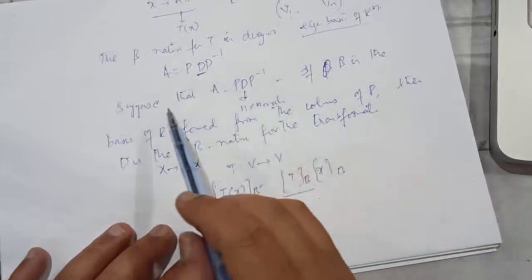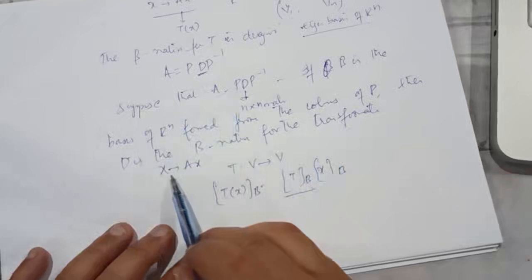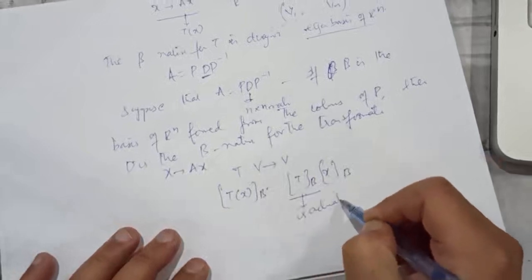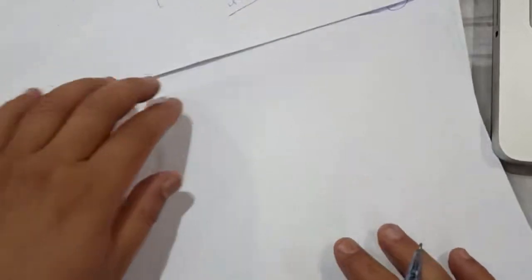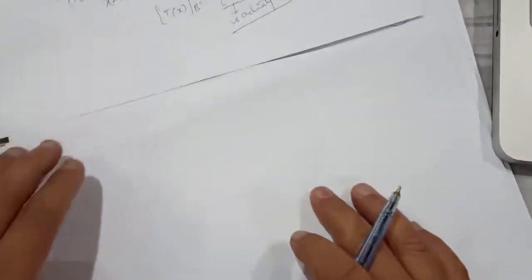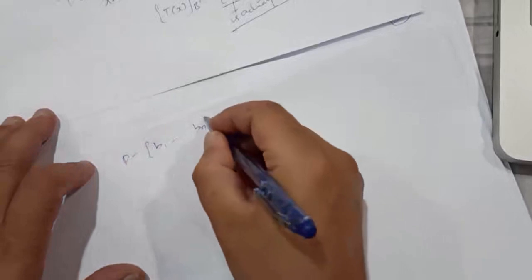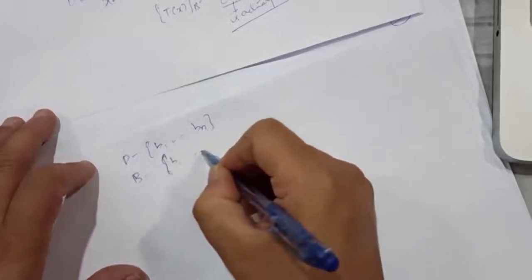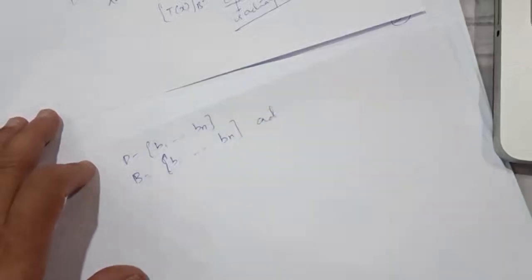We are saying that if A is diagonalizable, this D matrix can result from the transformation x to A of x, and this T relative to B is actually D. We can prove that if the columns of P are B1 up to Bn, then B is equal to B1 up to Bn, and P is already there.